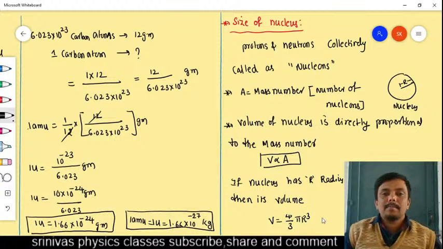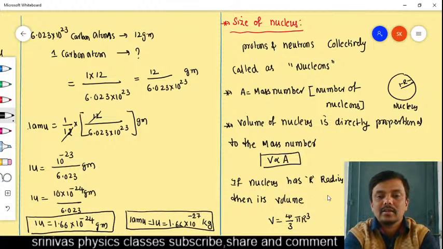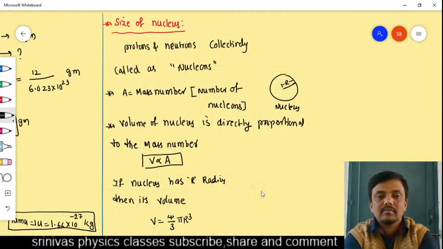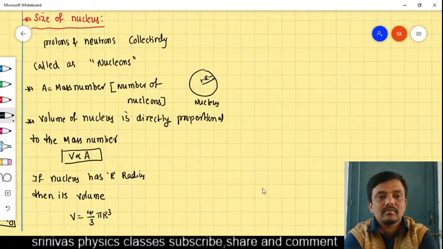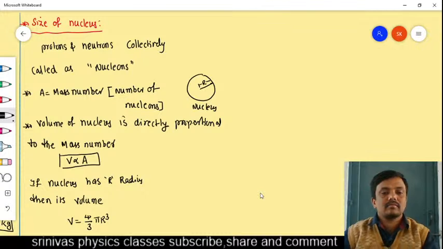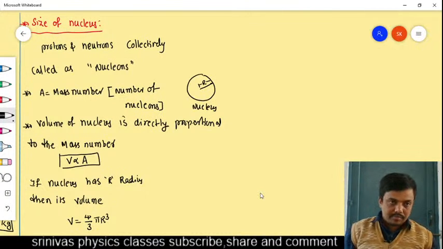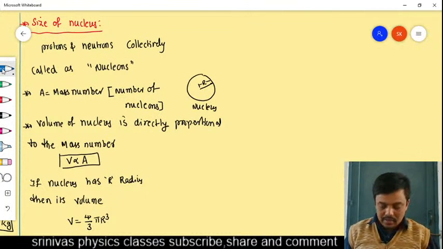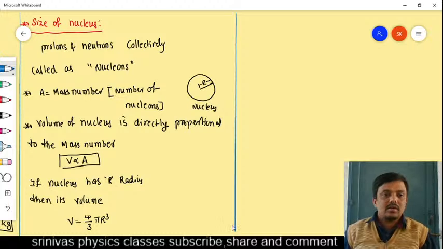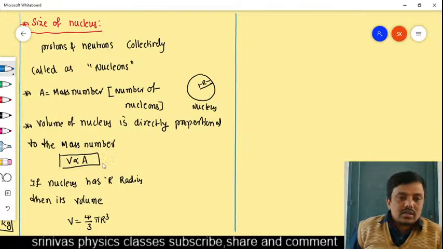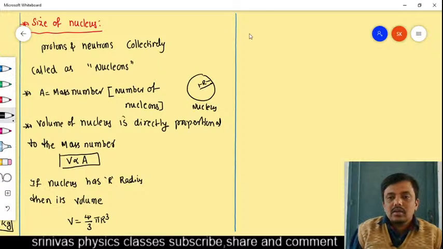Okay, right. Now we write in that formula V proportional to A. We know this volume proportional to A formula, right?